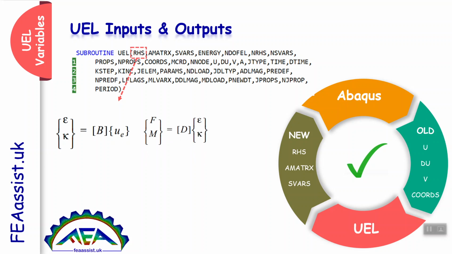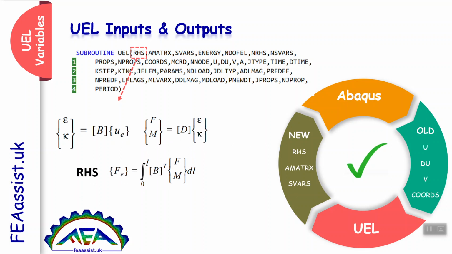And when we compute strain and curvature, then we can compute the force and moment from this strain and curvature with D. D here is a stiffness matrix, or in one-dimensional problems, F equals D epsilon. D is E, the Young modulus, the elastic stiffness matrix. So this is the constitutive equation. By this method, we solve our problem.